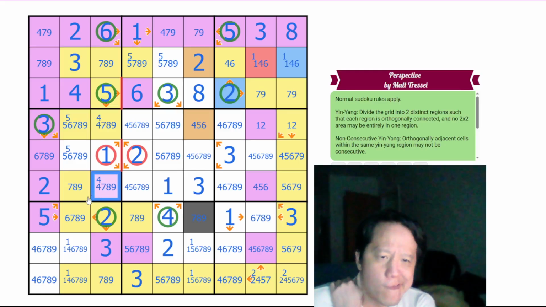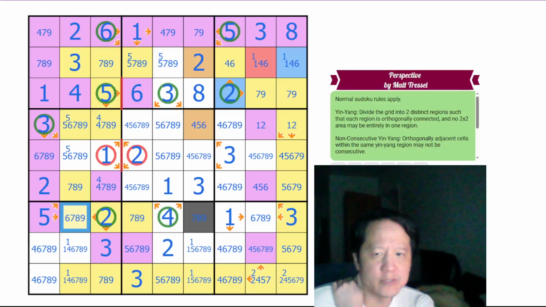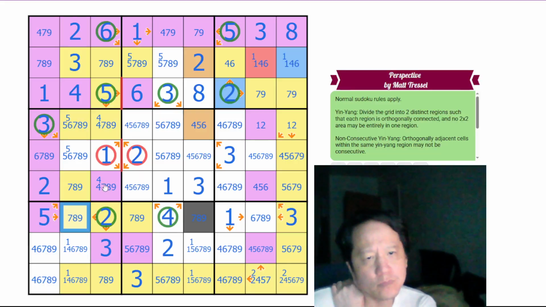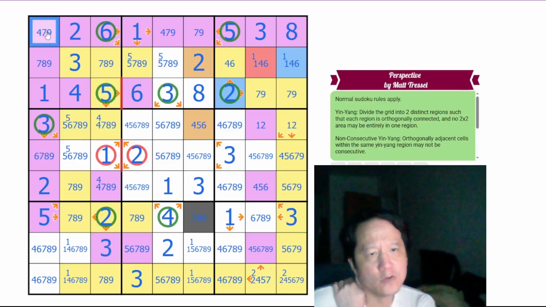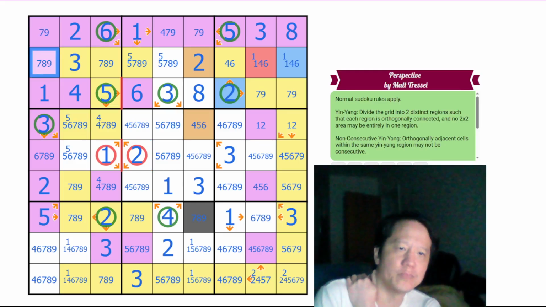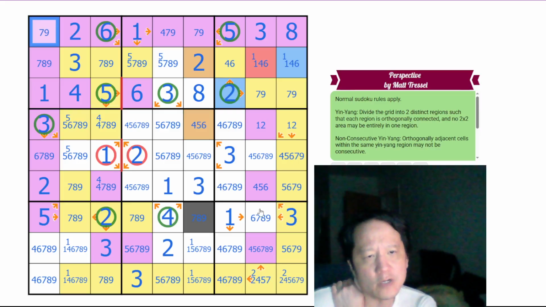Hmm. This would not be 6 here. No. 4 here. These digits, oh well, these digits cannot be consecutive.